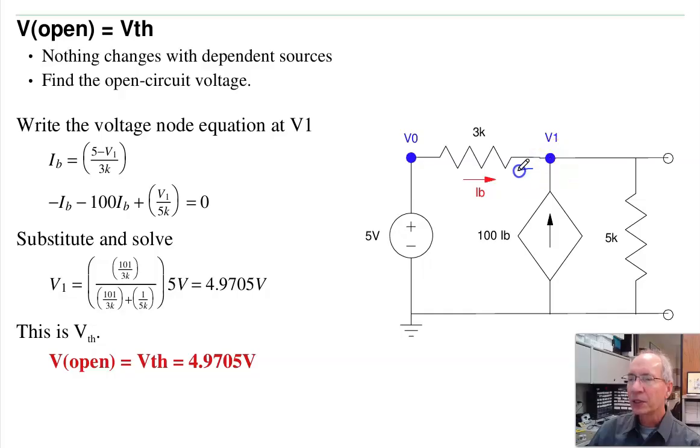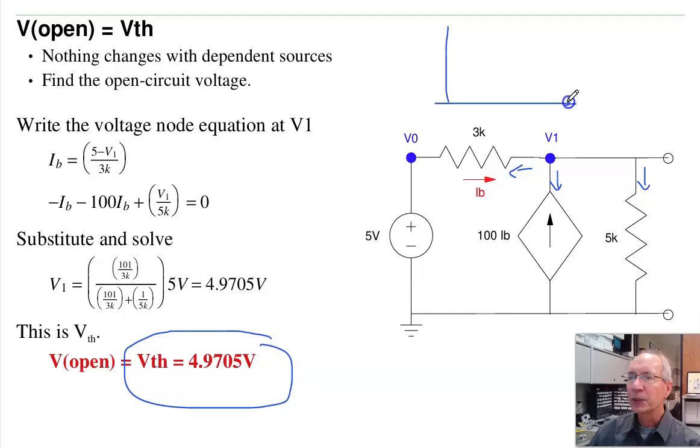At node 1, the current leaving is minus IB, plus this current, minus 100 IB, plus this current, V1 over 5K, equals 0. Two equations, two unknowns, solve. When you solve, you're going to get V open is 4.9705 volts. So on the load line, that's this point right here. That's 4.97 volts.